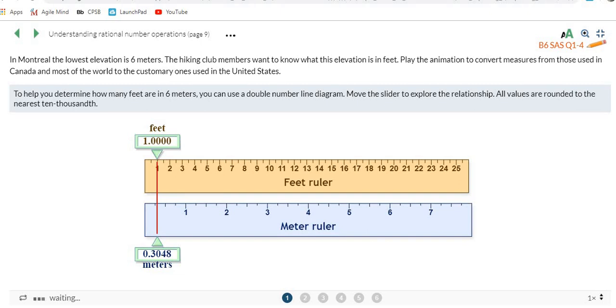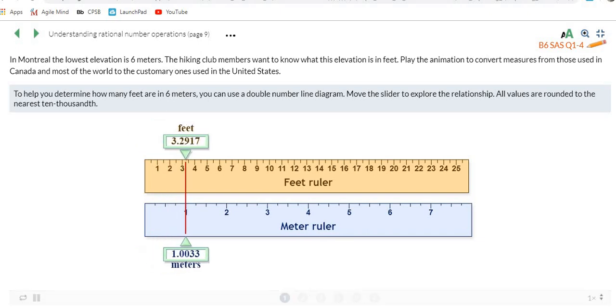The next row in our table wants us to look for 1 what? 1 meter. So I need to make sure this meter reads a 1. Do you agree that that probably rounds to a 1 for meter, right?